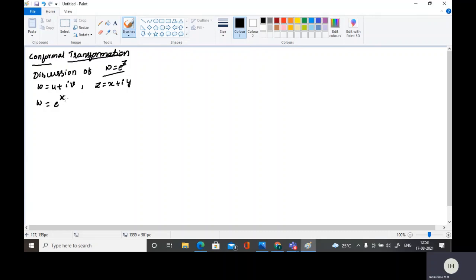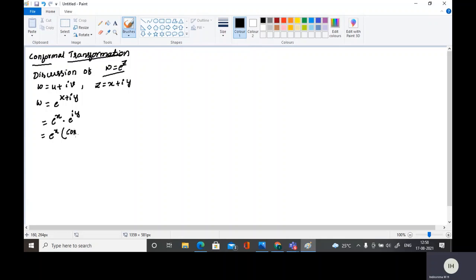e to the power of z is e power x plus iy. We can simplify this by writing it as e power x into e power iy. As we know, e power i theta is cos theta plus i sin theta, and instead of theta here we have y.